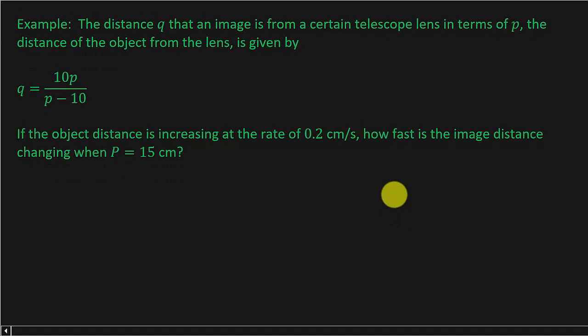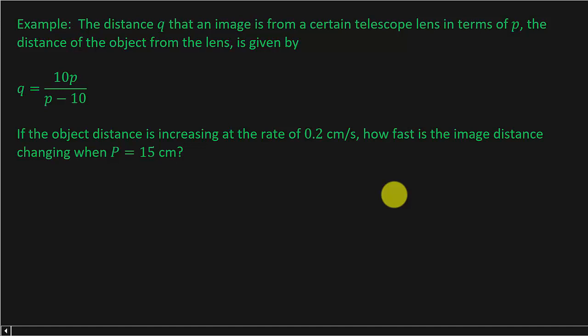It says the distance Q that an image is from a certain telescope lens in terms of P, the distance of the object from the lens, is given by Q equals 10P over P minus 10.